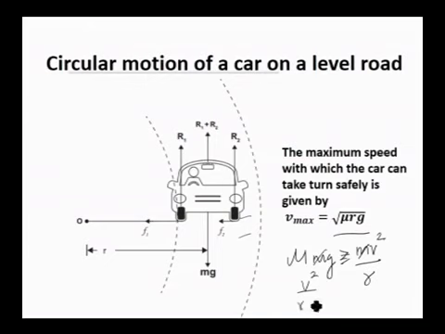V square divided by rg is less than or equal to mu, and therefore V square is less than or equal to mu rg. Take the square root there, then you will have V is equal to square root of mu r g. So when the car negotiates a curved level road, the force of friction between the road and the tire provides the necessary centripetal force. This is the idea behind this.